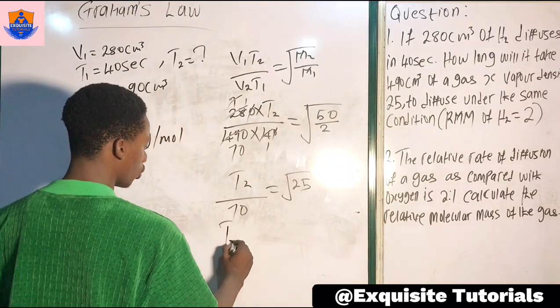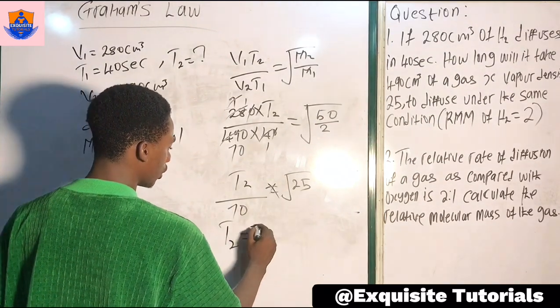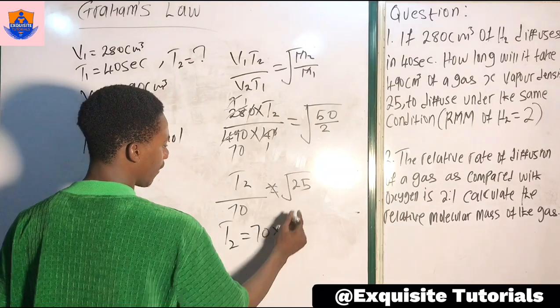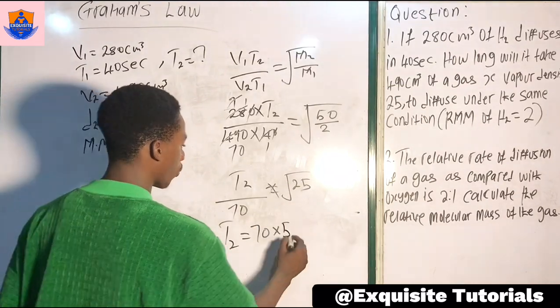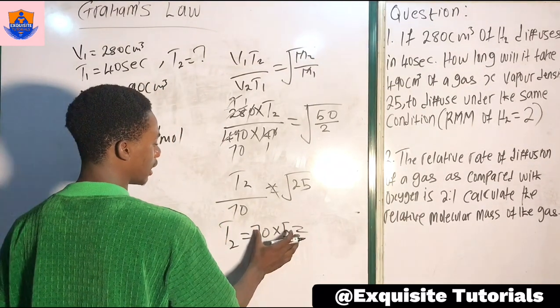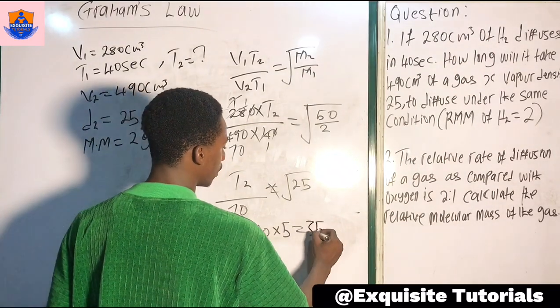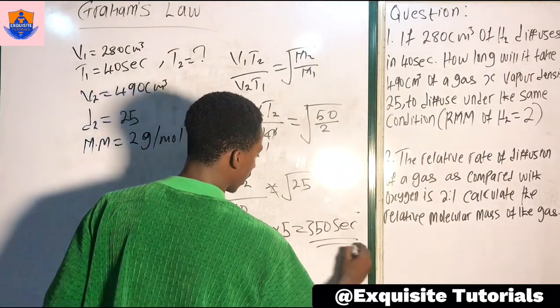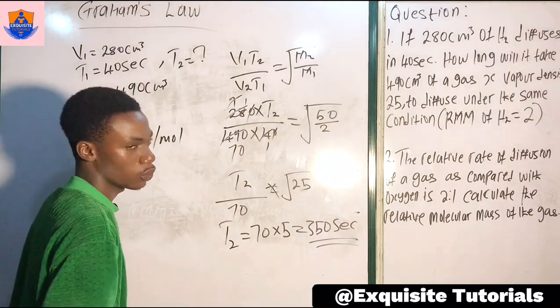So T2 will be equal to 70 times root 25, which is 5, so our answer will be 70 times 5, which is 350 seconds. So that is the answer to this question.